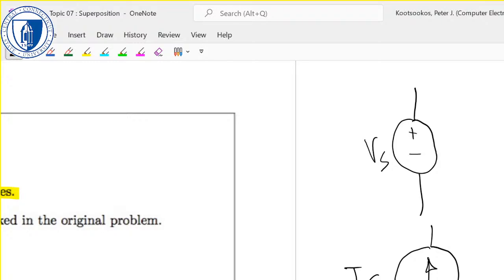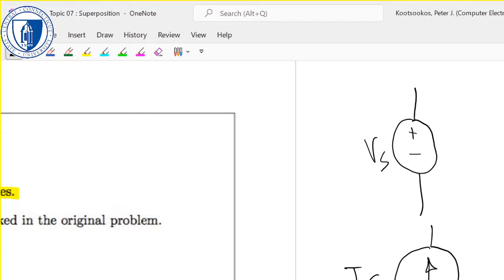The trick with independent sources, ideal sources, is that you take the value of the source and you set it to 0. Right? So if Vs is 12 volts, you set the voltage to 0 when you replace Vs with its ideal.